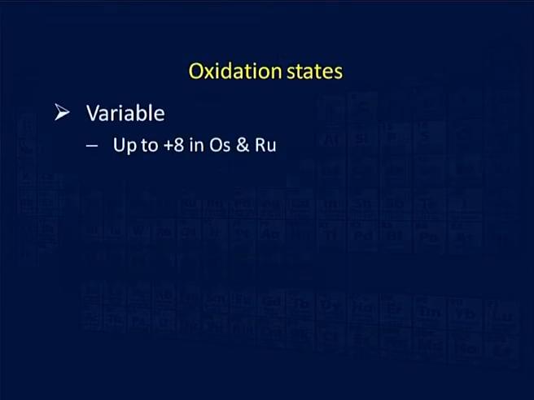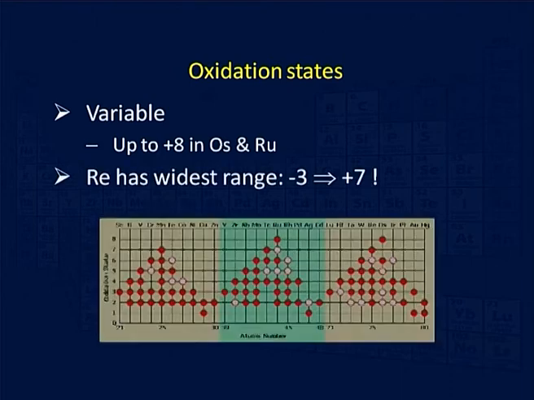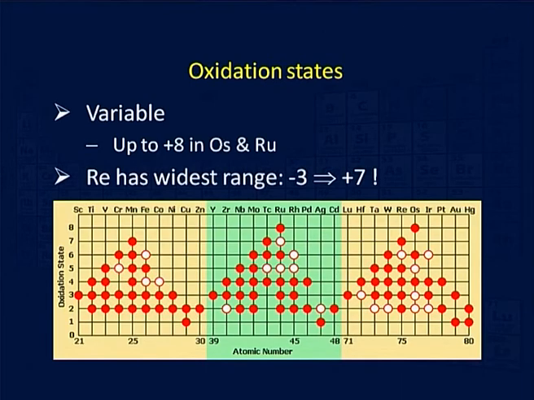The variable oxidation state in these metal ions can range from negative to almost +8 in the case of osmium and ruthenium. Rhenium has the widest range of oxidation states, as rhenium can exist from the -3 oxidation state to almost +7.